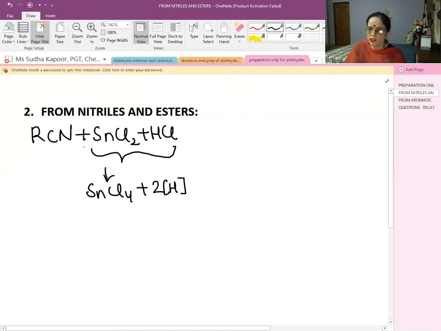As soon as the alkyl cyanide or alkane nitrile is treated with SnCl2 and HCl, the stannous chloride, it is converted into imine. Two H are added, one on the carbon which is triple bonded with nitrogen and the other on the nitrogen. So what we get is RCH double bond NH.